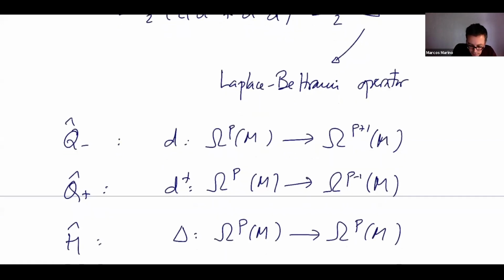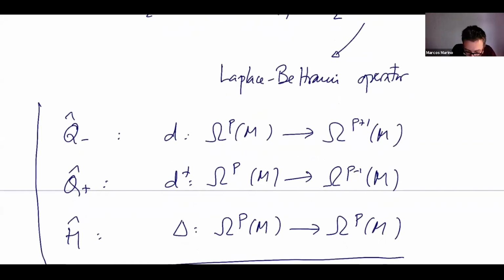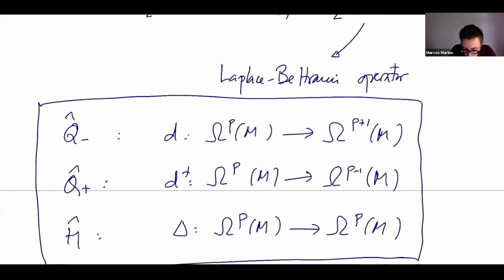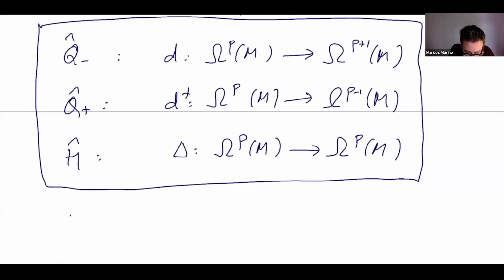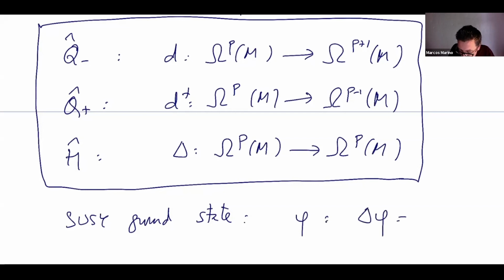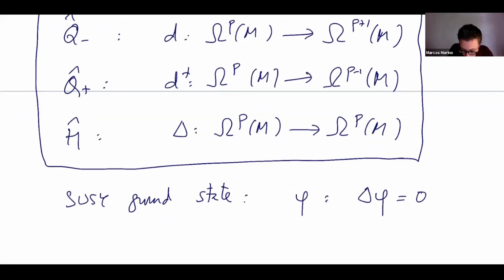So you see, it's a beautiful dictionary between physics and geometry, in which the supercharges and the Hamiltonian become natural operators on M. Moreover, what is a supersymmetric ground state? Well, a supersymmetric ground state is a form, because our Hilbert space is forms, such that the Laplacian of phi is equal to 0. Okay. But this has a name, it's called a harmonic form.